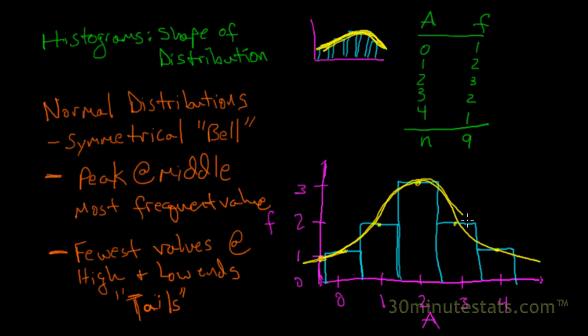And here you can see a classic example of a normal distribution, or a bell curve, in which we've got the peak right here. The peak has the greatest frequency at the value 2, with a frequency of 3, and then we've got the tails. There's a tail on the right-hand side and a tail on the left-hand side, where we've got the smallest number of observations: one observation with a value of 0 and one observation with a value of 4.